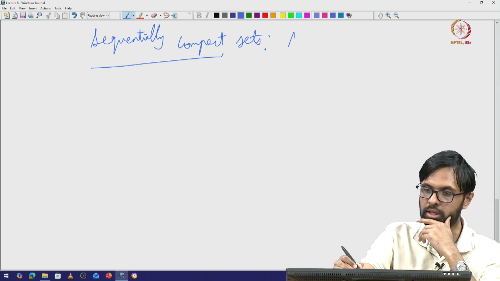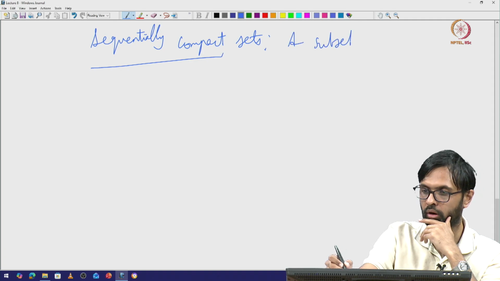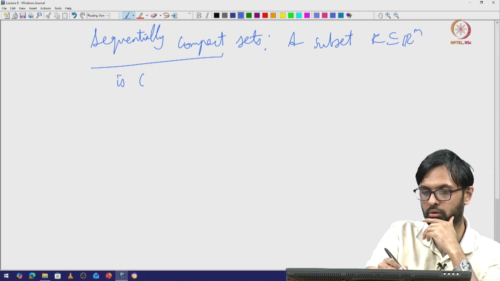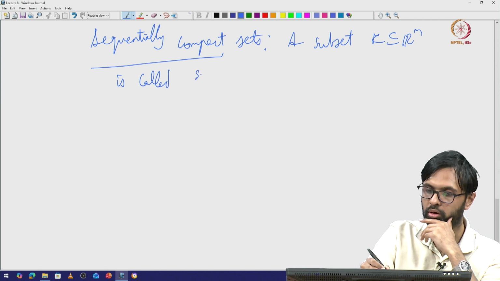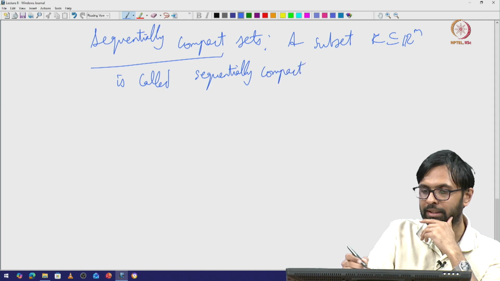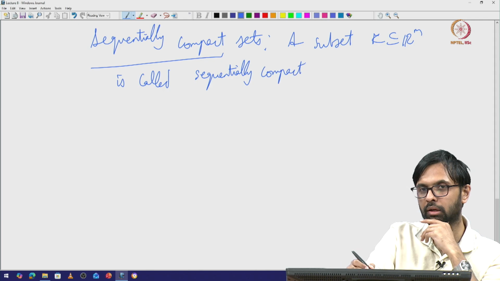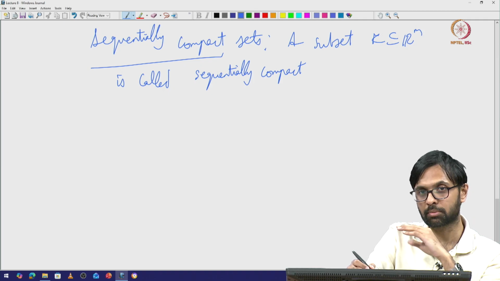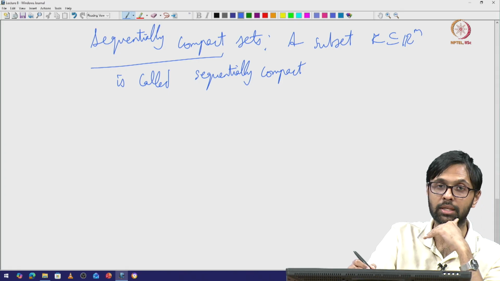Okay. A subset K in Rn is called sequentially compact, or simply, it's also simply called compact, although that word is used for something else, but these two coincide in the case of Rn.